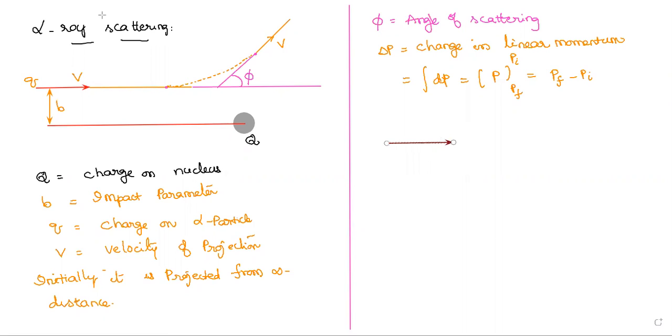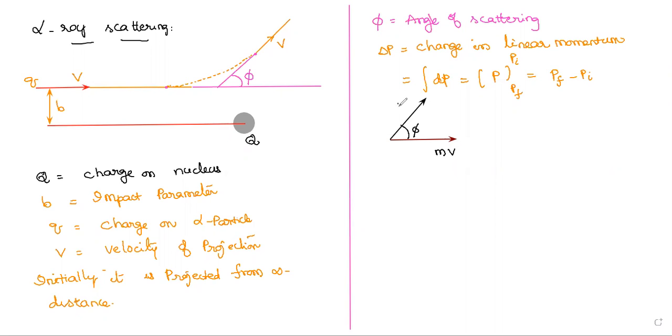And this is the final linear momentum. I mention it like this. Okay, the angle between them is given as phi.